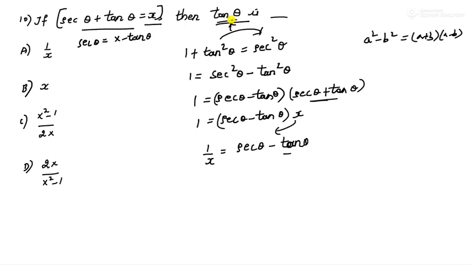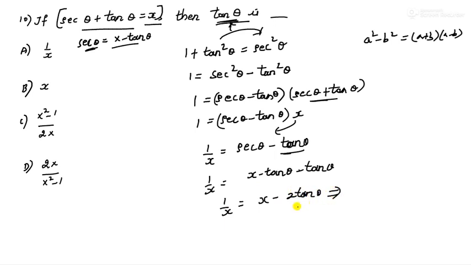Since we need the value of tan theta, I will replace tan theta with this and sec theta with this. So I will write here now, sec theta is x minus tan theta, and here also we have minus tan theta. Correct? So now if you see here, 1 by x is equal to x minus 2 tan theta. Correct? So bring theta to one side and x to another. So it goes to LHS, 2 tan theta.